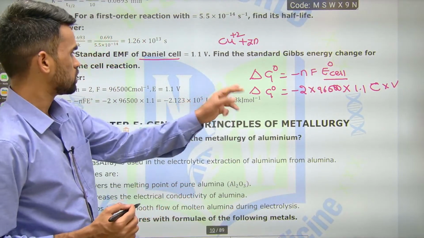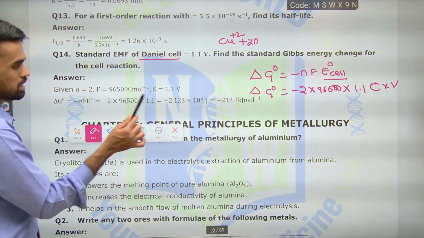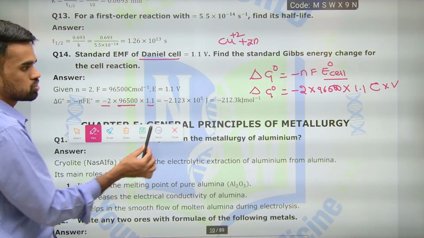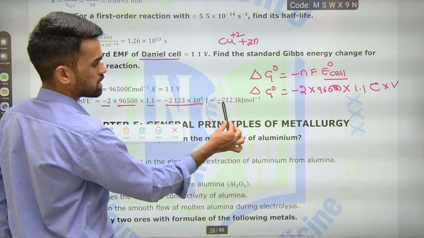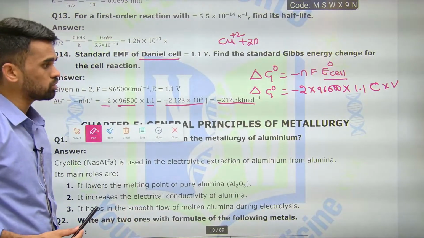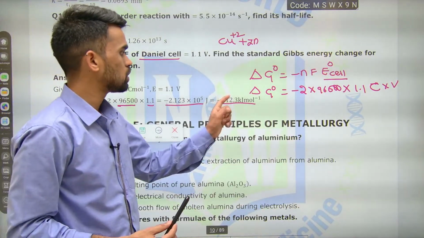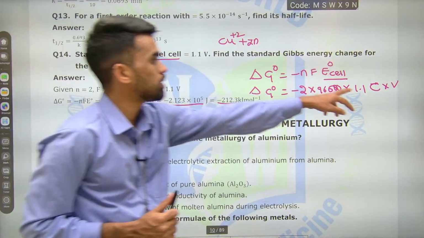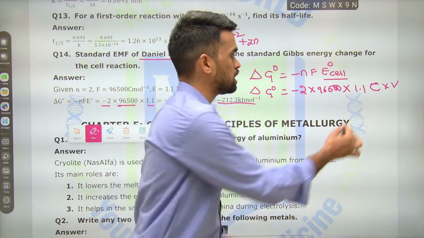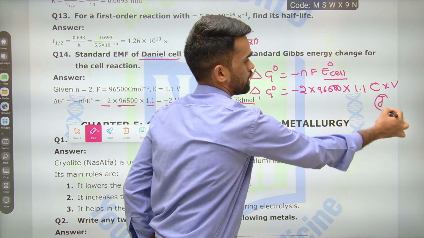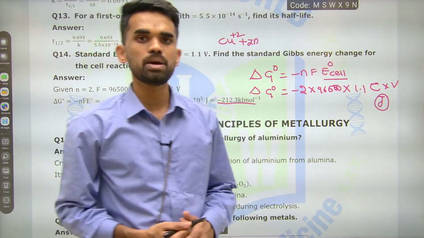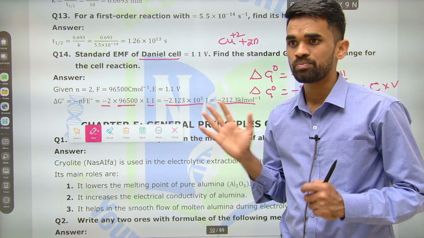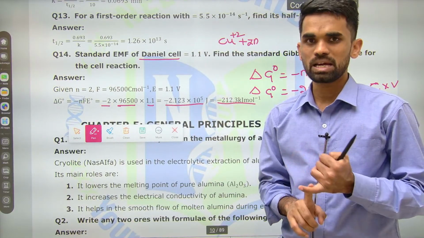Upon simplifying, you get minus 2 into 96500 into 1.1, which you can write as minus 212.3 kilojoule per mole. So this is the final answer. Remember, coulomb into volt can be written as joule. So these are the things to be remembered, and you need to practice these questions first from electrochemistry and chemical kinetics for 2 marks.